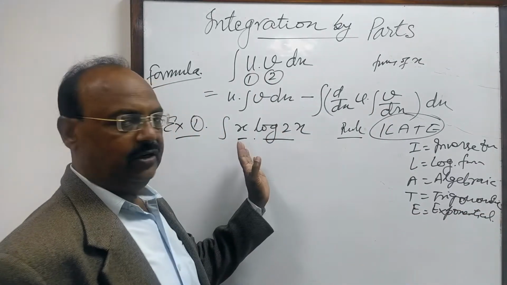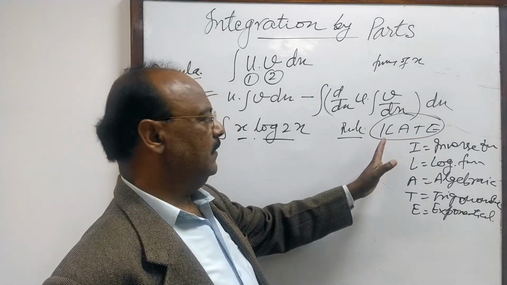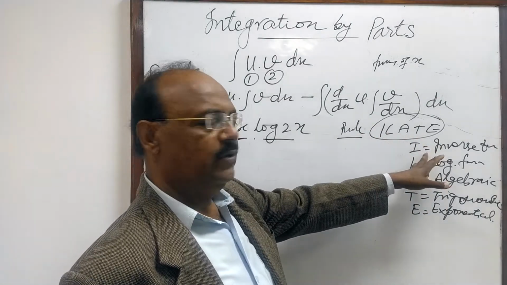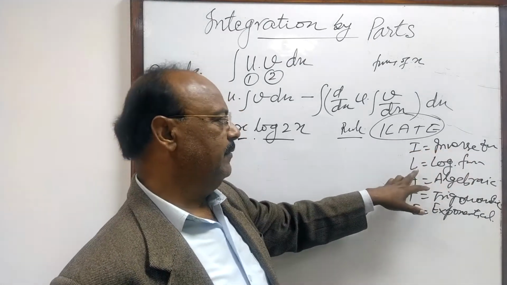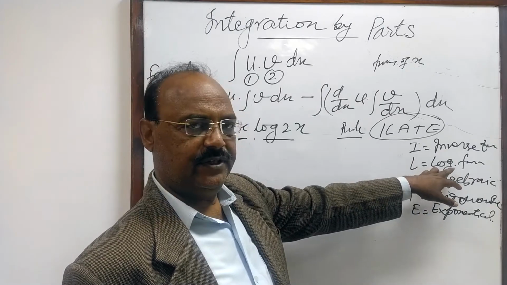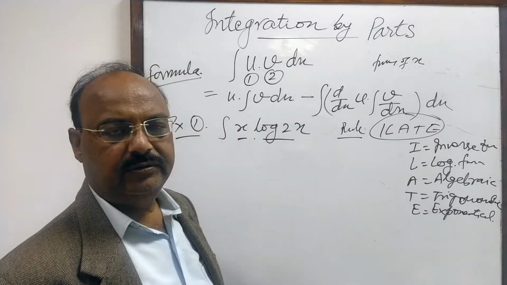So the first function will be decided in this order. If an inverse function is there, it will be the first function. If there is no inverse function, and a logarithmic function is there, this will be the first function. So in this order we can decide the first function.